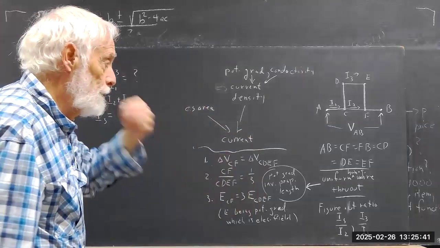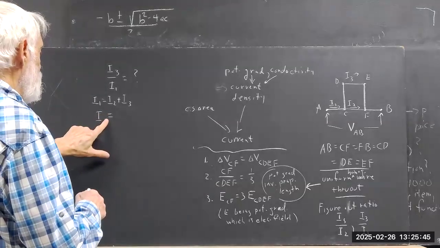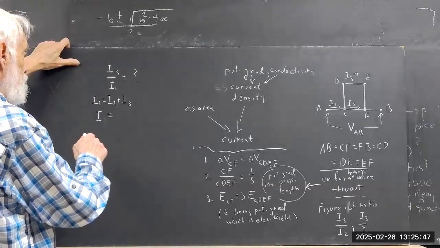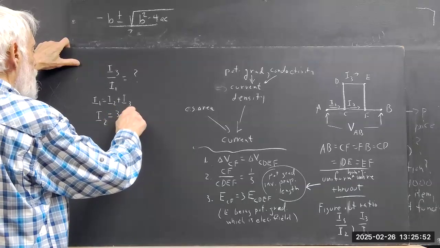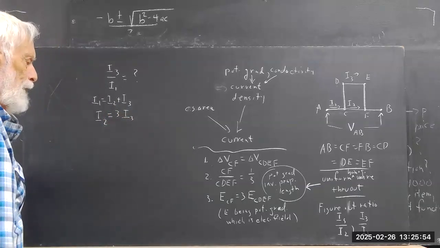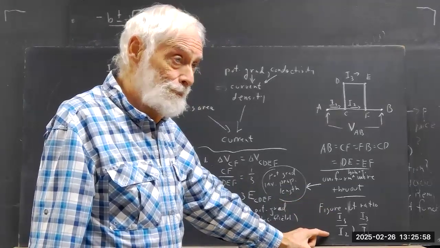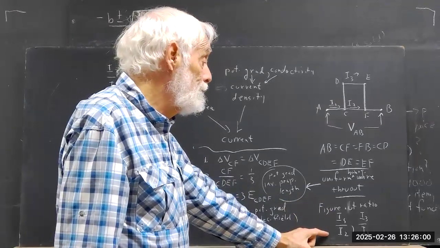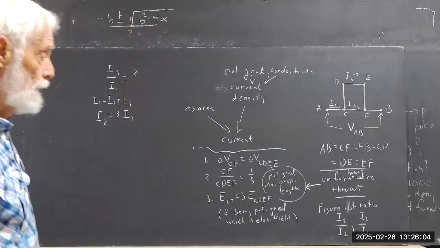you can write I3 in terms of I2, right? And I'll do this for I2 equals 3 times I3, because you've already figured out I3 over I2 is 1/3.